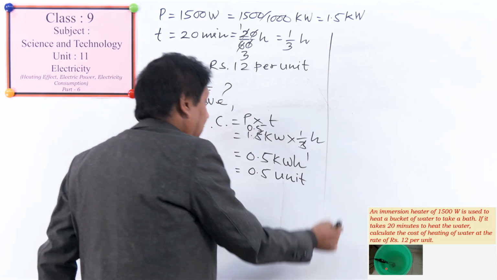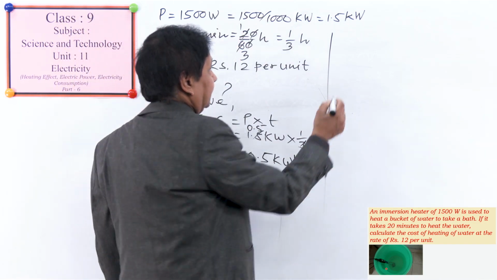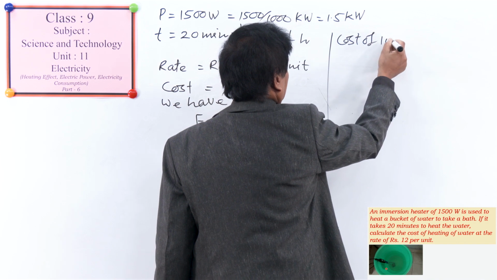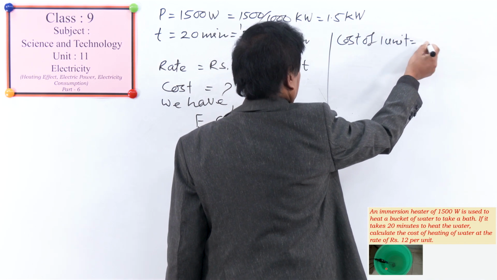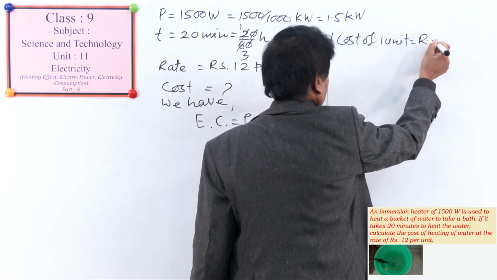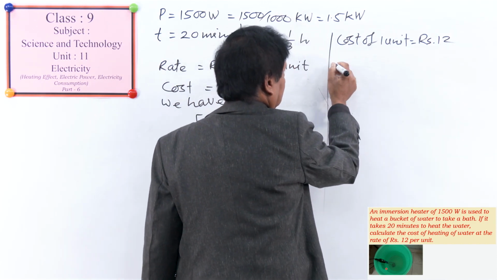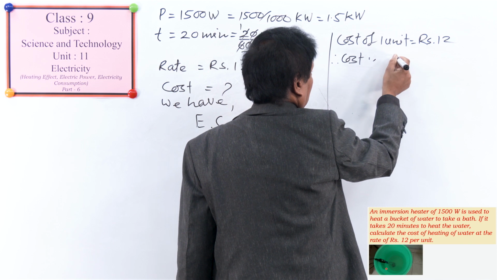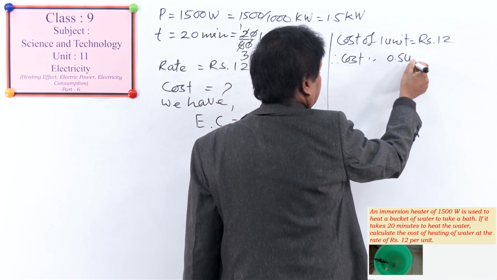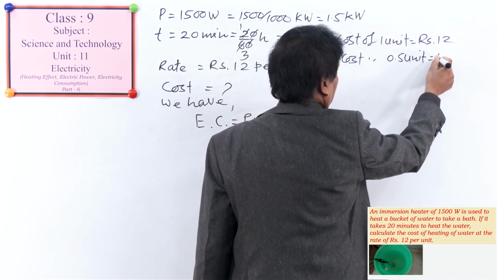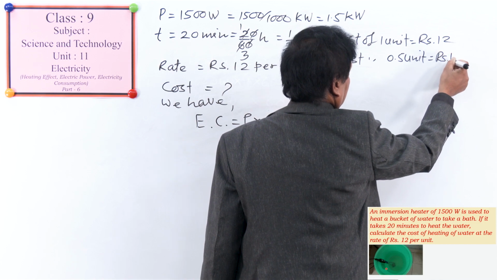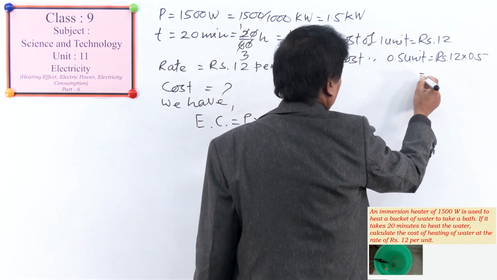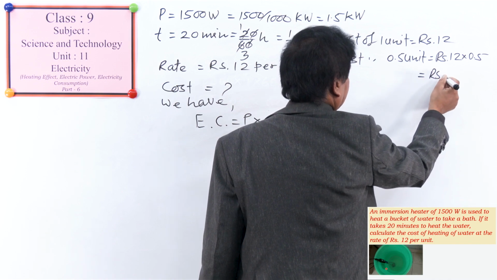Now we have to calculate the cost of electricity. Cost of 1 unit is equal to rupees 12. Therefore, cost of 0.5 unit is equal to rupees 12 into 0.5, and this is equal to rupees 6.